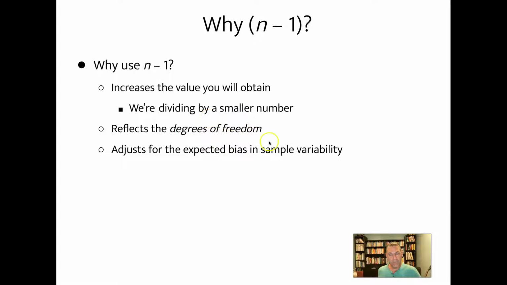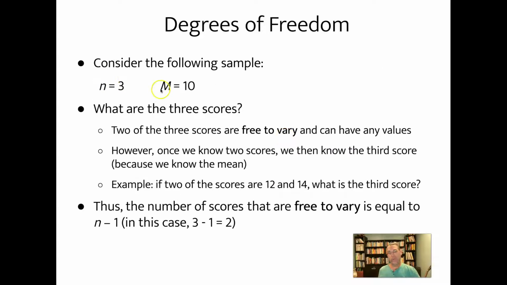Degrees of freedom refers to, the freedom side of it refers to how free the scores are to vary, meaning could the score be anything? And degrees is how many scores are free to vary. So the reason we use n-1 is because that actually reflects the degrees of freedom. So the idea, again, watch the video, it goes into this idea of, let's say we had a sample of 3 with a mean of 10.